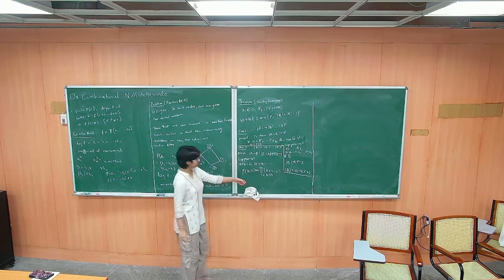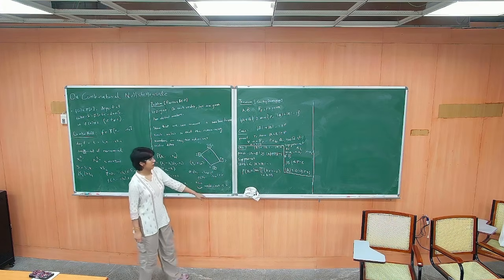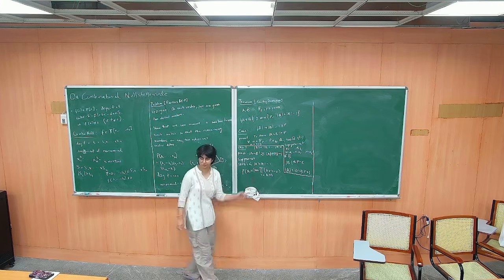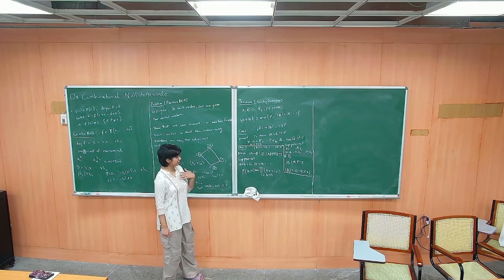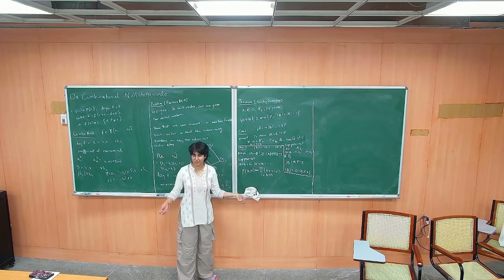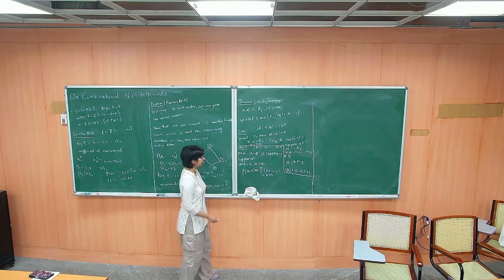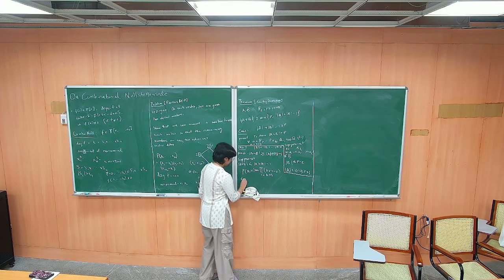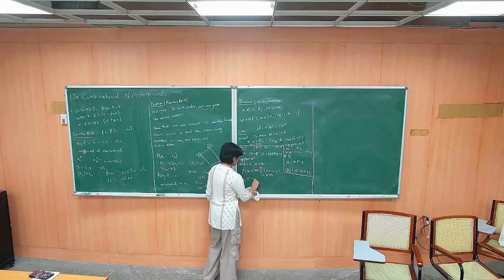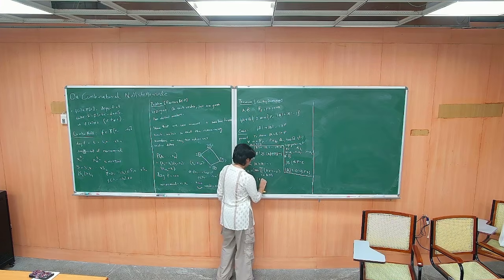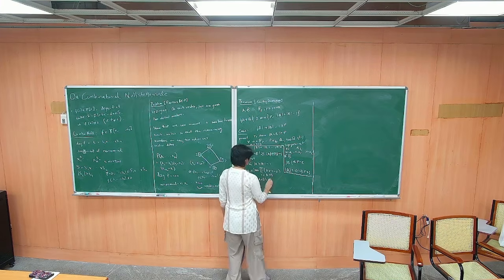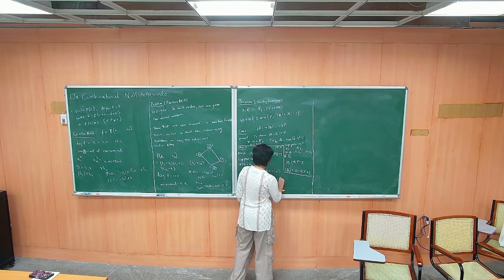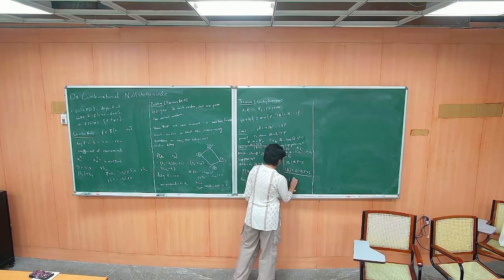So note that this polynomial becomes 0 at precisely the elements of A plus B. And I know the degree of this polynomial. The degree of this polynomial is just the cardinality of A plus B, which is less than mod A plus mod B minus 1.